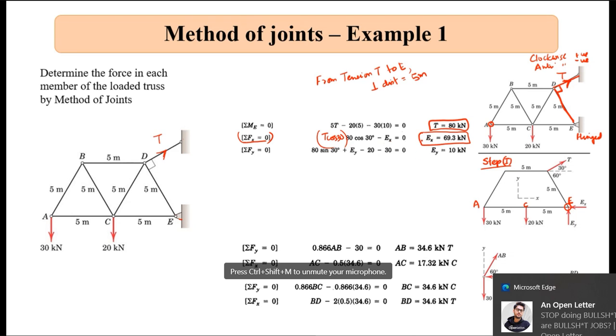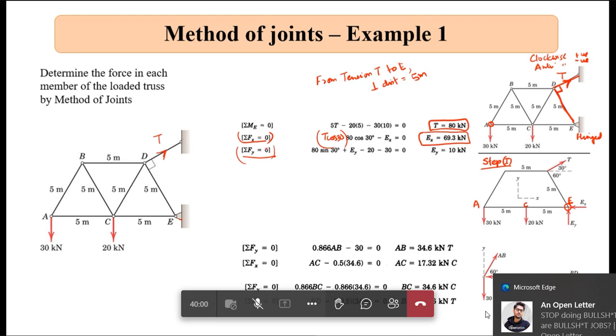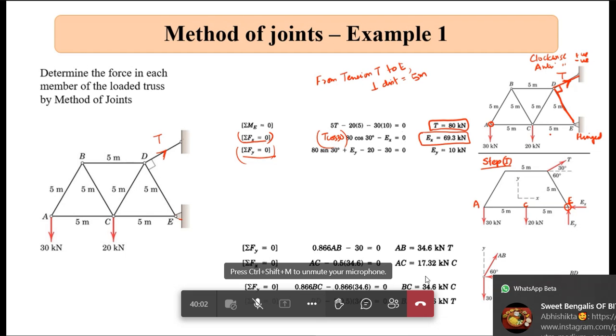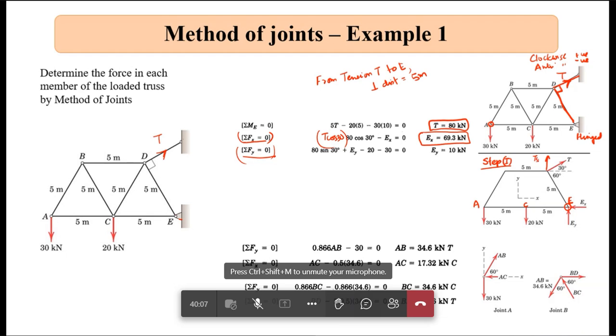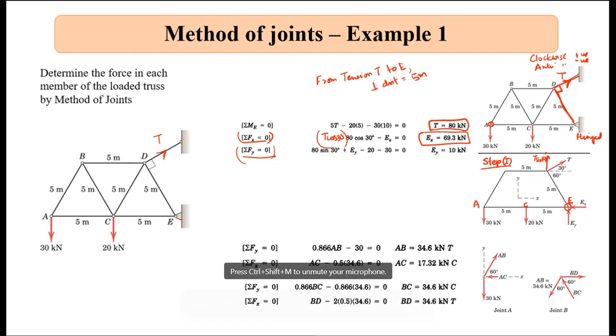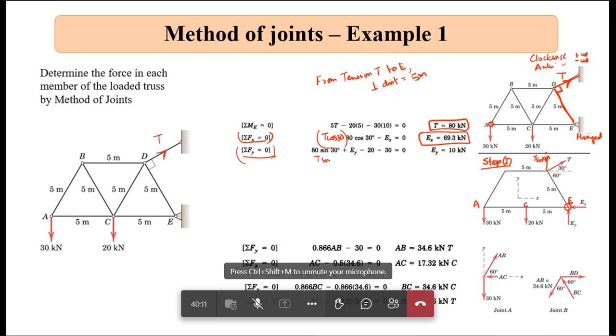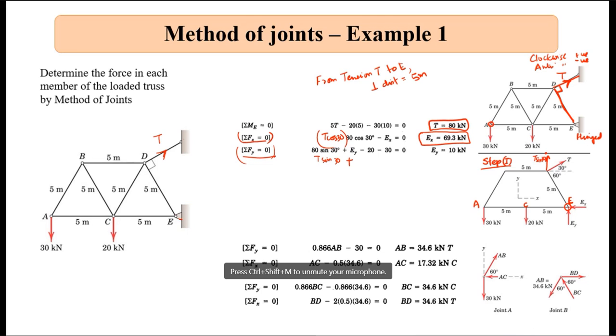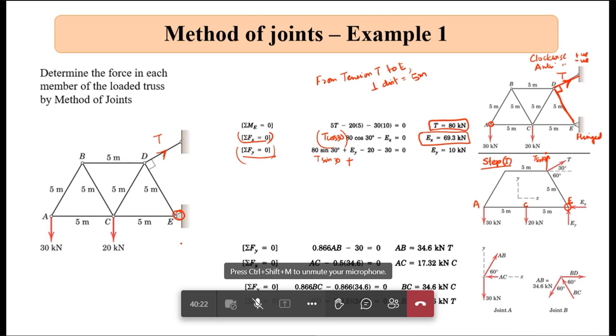So from this, I get the Ex force. Next, if I do summation Fy equal to 0, along this direction I have T sine 30. In the hinge point E, there should be a reaction force.